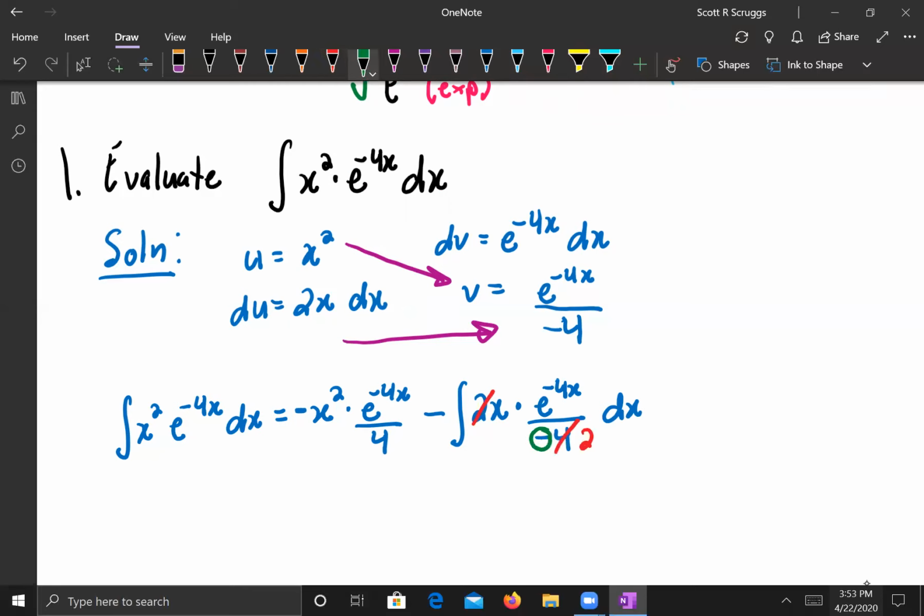I also have a negative sign inside the integral.